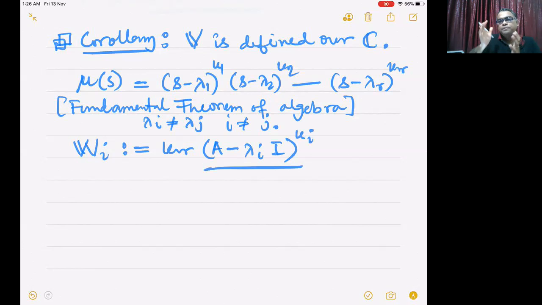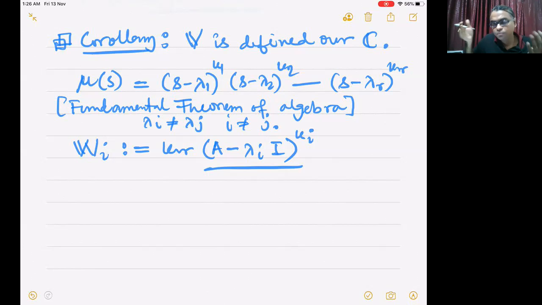See, if there is a factor, say (s minus lambda) square, then (s minus lambda) is a factor. I cannot take the kernel of s minus lambda once and then once again the kernel of s minus lambda. So I have to club all the factors with the same root together. That's why I'm writing (s minus lambda i) to the power ki.